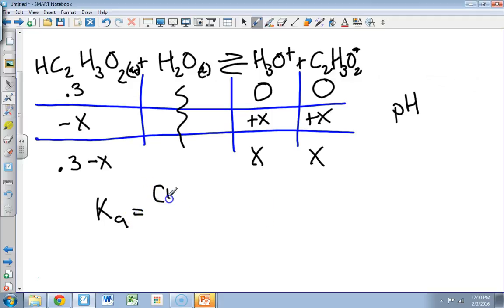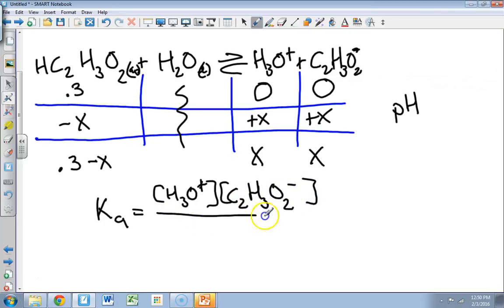It's going to be the concentration of H3O plus times the concentration of C2H3O2 minus, all over the concentration of HC2H3O2.